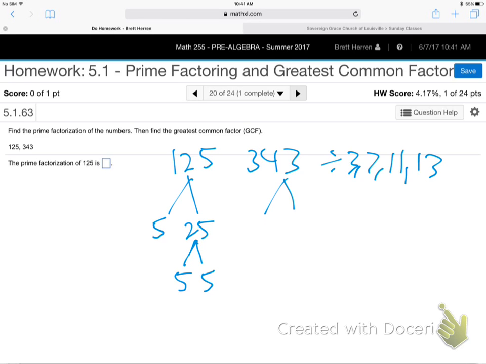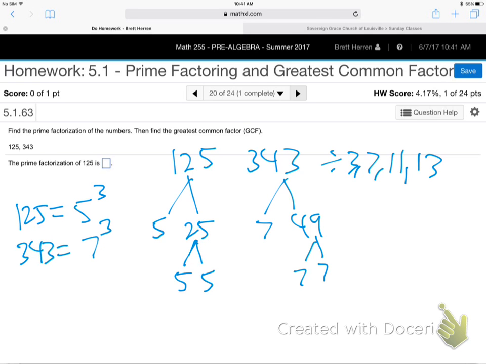So 7 goes. 7 times 49, and 49 is 7 times 7. Good so far? So the 125 then is what? 5 cubed. And the 343 is 7 cubed.